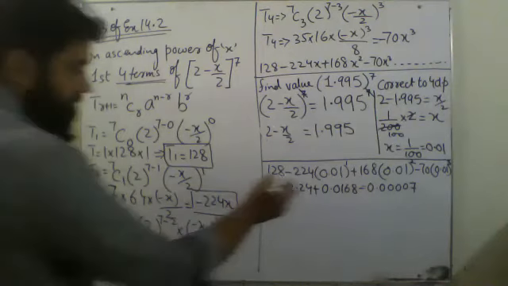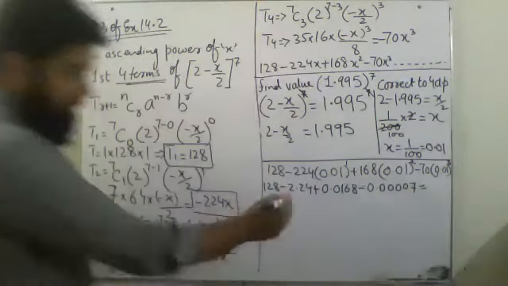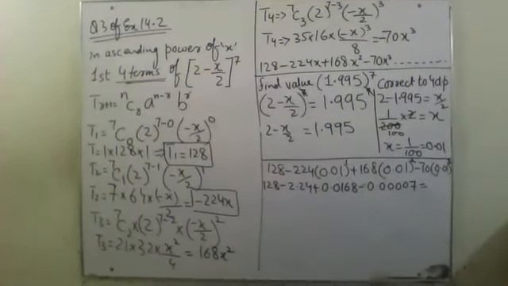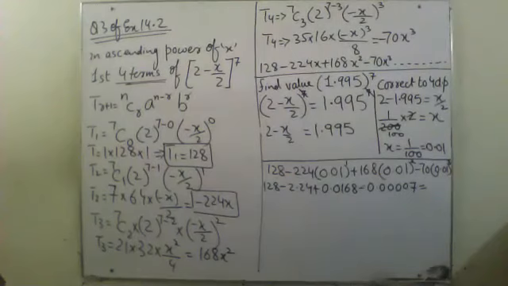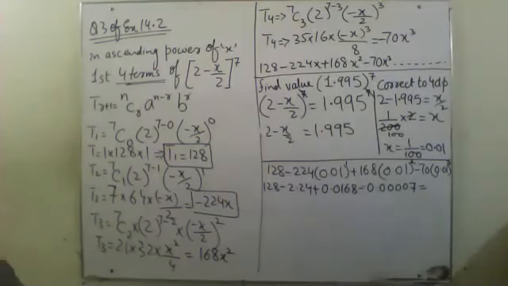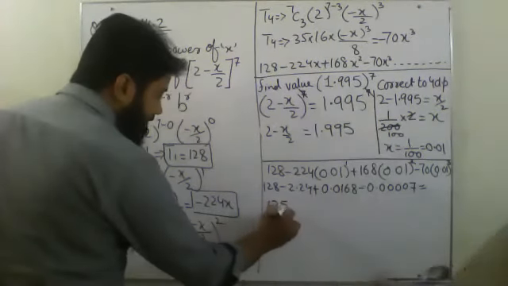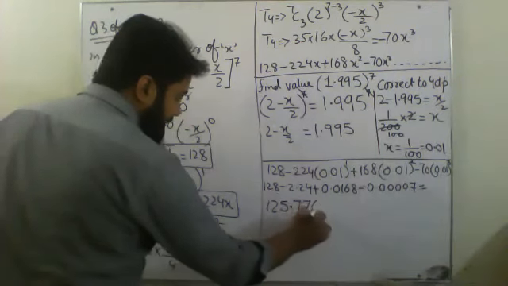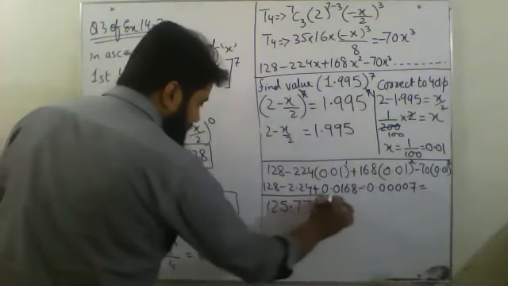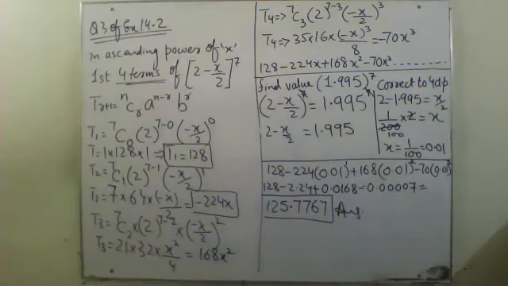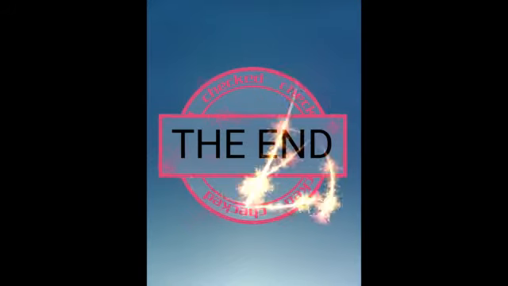Right? Now, when I simplify them, 128 minus 2.24 plus 0.0168 minus 0.00007. When I simplify it and write my answer, my final answer is coming 125.7767. That's your final answer. Okay, that is going to be your final answer.